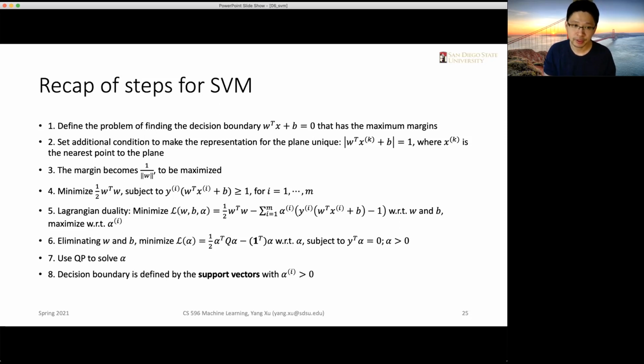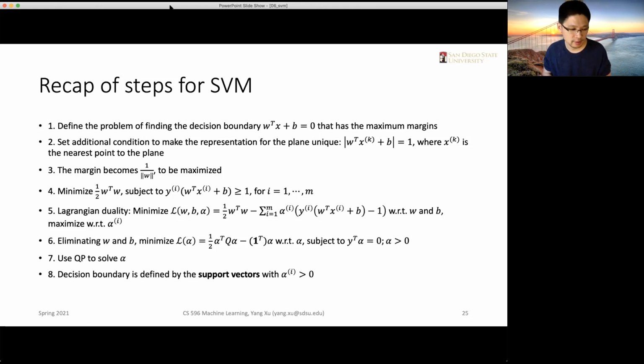And the alpha will be returned, and we can find the decision boundary by looking at only those support vectors with positive alpha values. Okay, so that is the basic step of conducting the basic SVM model. Okay, so we say it's a basic model because everything is so ideal here, right? We assume that there's a decision boundary that can perfectly classify the two classes, that can perfectly separate the data.